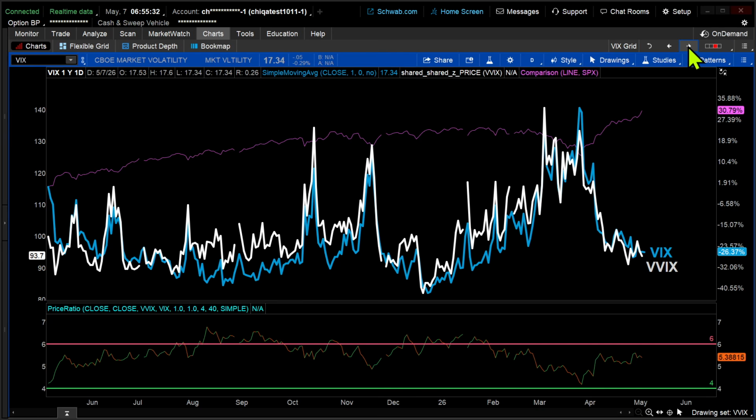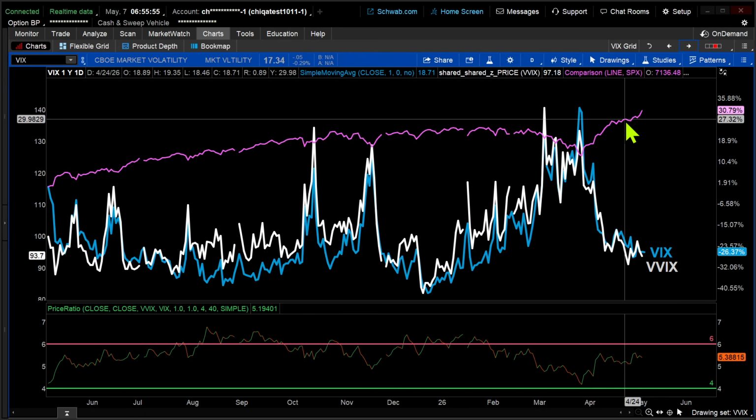When we see that the VVIX, the white line, is below the VIX level, the blue line, that generally indicates that institutional investors are not willing and really not active in buying those hedging products. However, that doesn't tell the entire story.